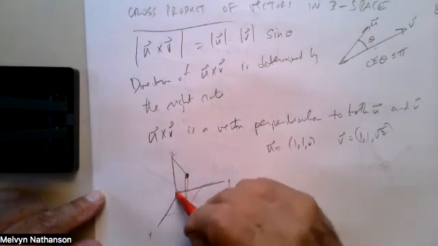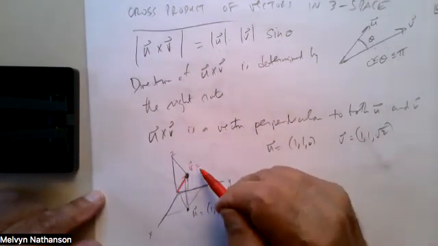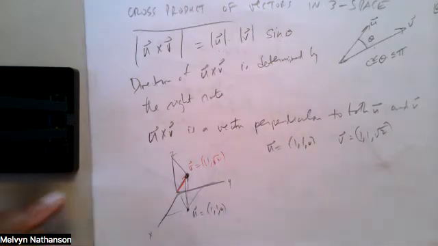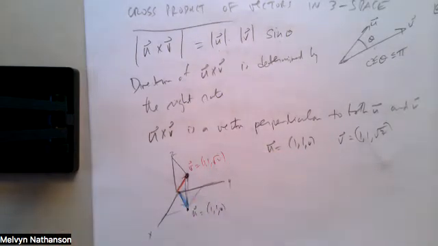So this is my vector v, whose coordinates are 1, 1, square root of 2. This is my vector u, whose coordinates are 1, 1, 0.